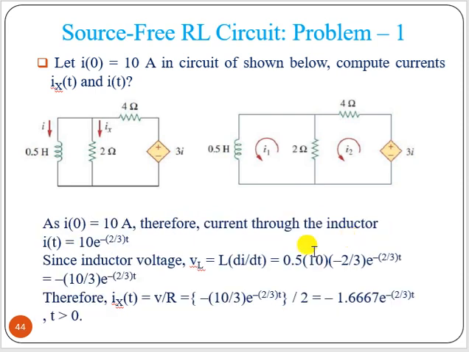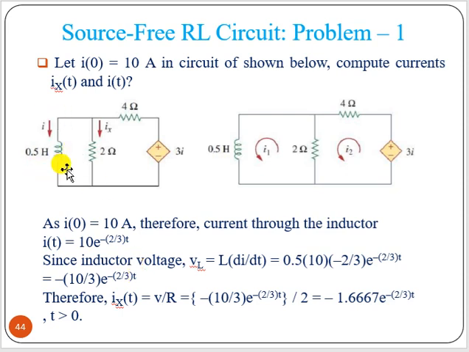So now I0 is 10 and we got the i(t) value. Now the voltage across the inductor is L di/dt. L is 0.5, and if we solve di/dt, we will get this equation.